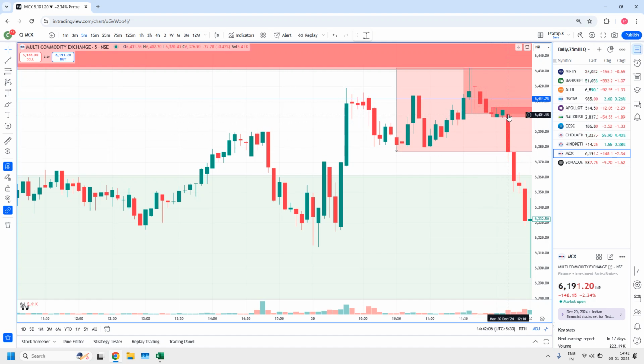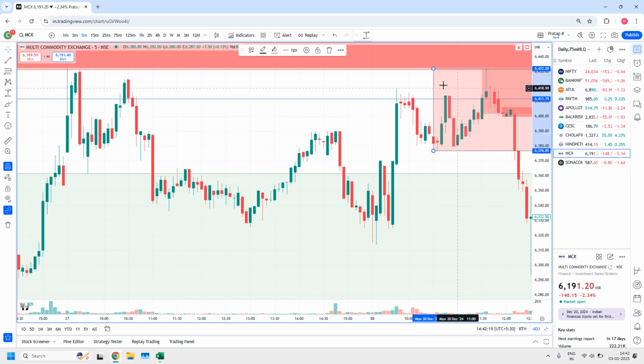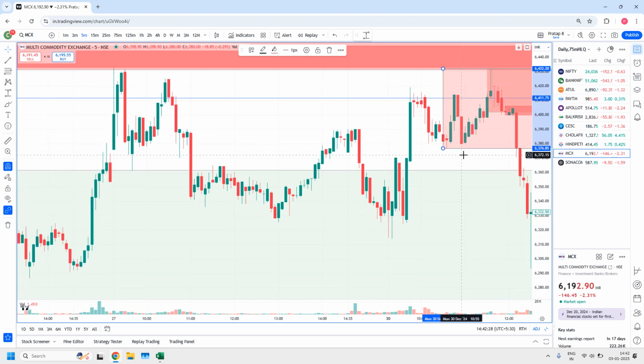Drop, base, drop. This is the fine-tuned 5-minute zone at the proximal line of this 15 minutes fine-tuned zone. See, this is the 75-minute zone, this entire zone, and this one is 15 minutes. Now, this drop, three base candles and drop.